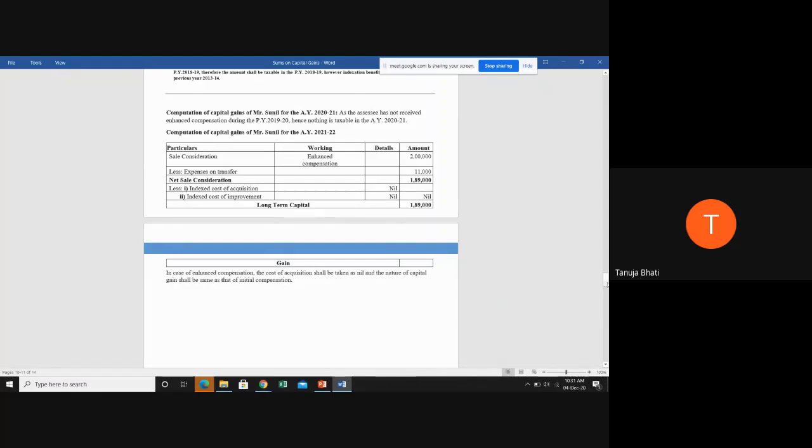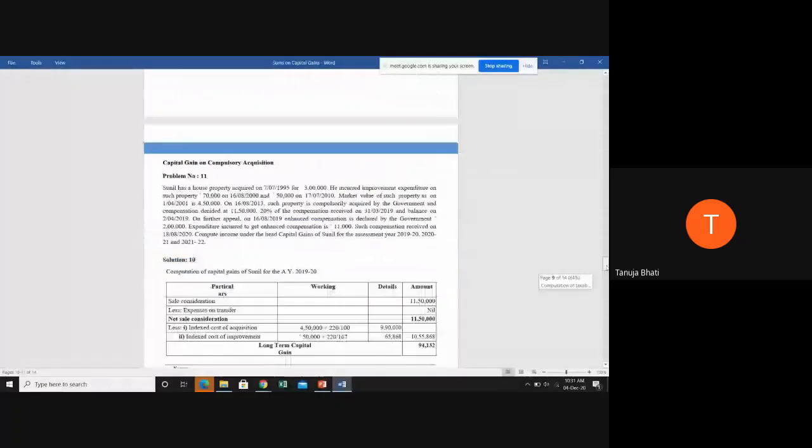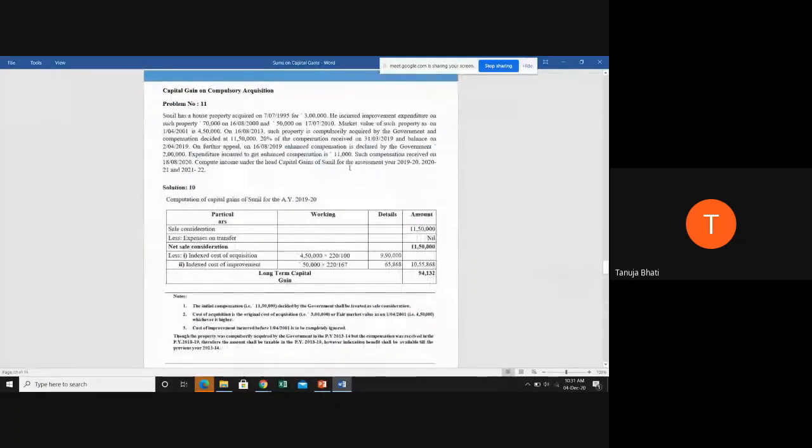So we have completed a sum on compulsory acquisition, where we have seen the treatment for initial compensation and the treatment for enhanced compensation. Students, have you understood this computation of capital gain on compulsory acquisition? Have you all understood, students?